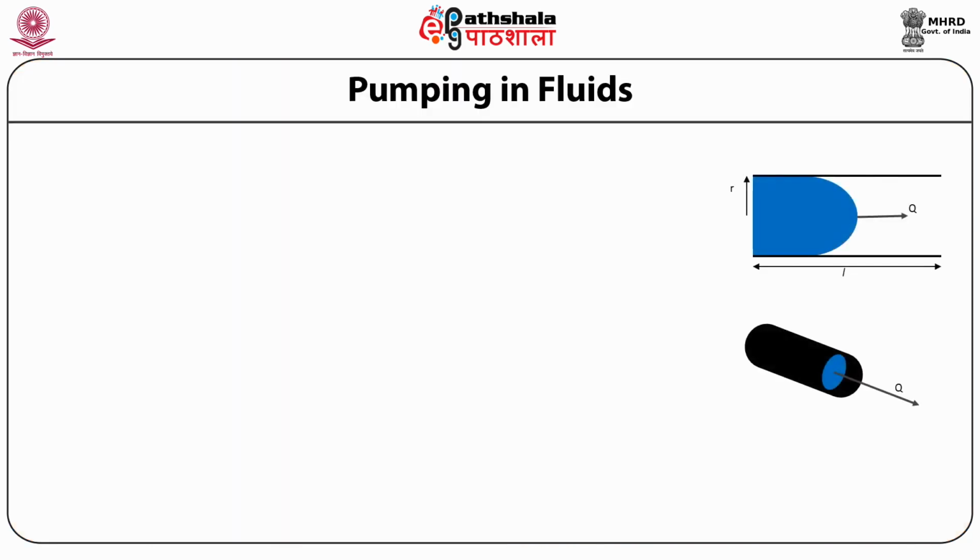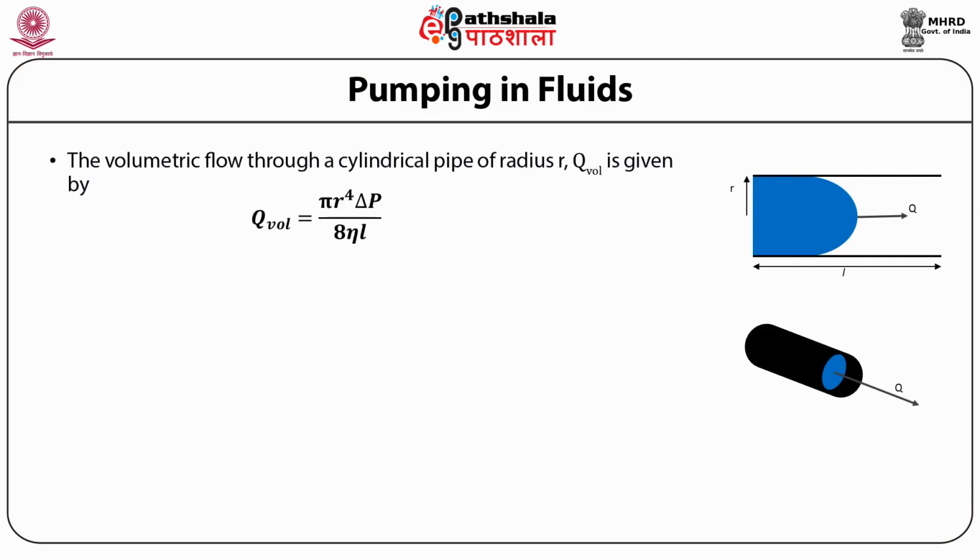Pumping in fluids. The volumetric flow through a cylindrical pipe of radius r, this small r, as shown in this figure, this Q volume through the tube is given by pi multiplied by r to the power 4 multiplied by delta P divided by 8 eta L, where r is the radius of the tube, delta P is the pressure drop over the length of the tube, L is the length of the tube.